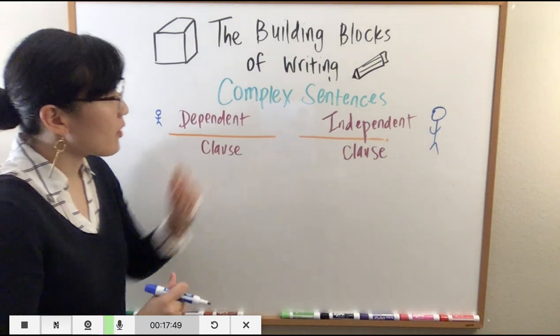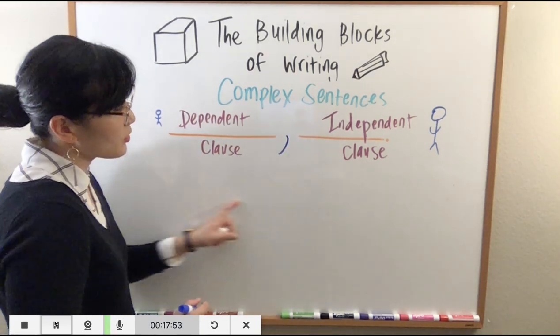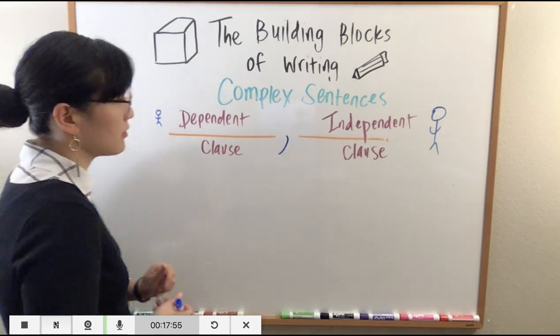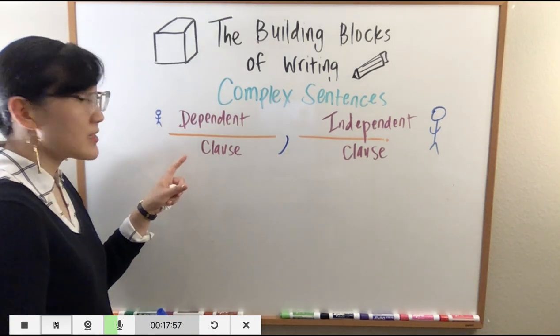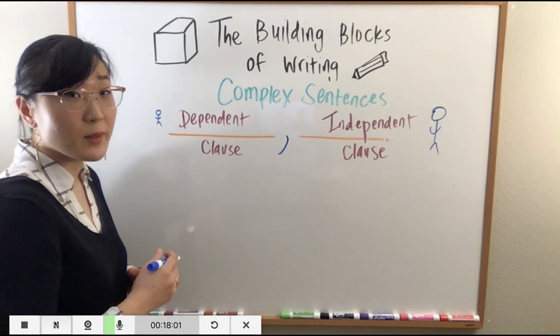In this case, for a complex clause, if you have a dependent clause first, you're gonna need a comma, then an independent clause. Because the dependent clause, if it's by itself, it's not a sentence, it's a fragment, okay?